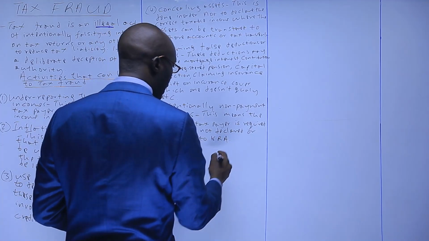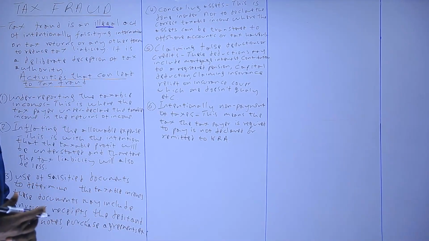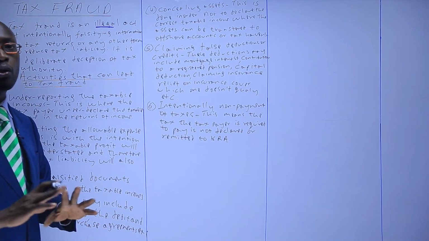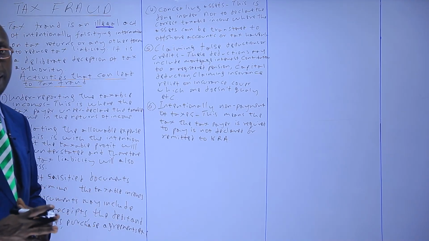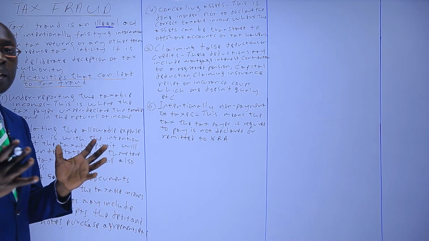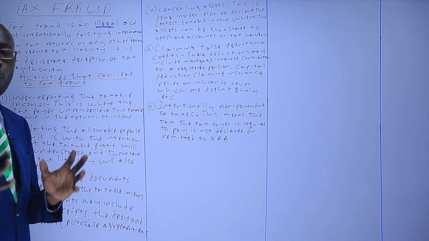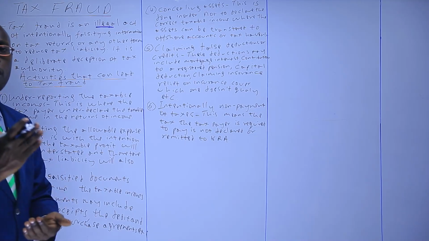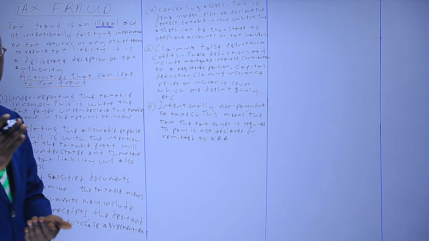So here we are saying that it can be a legitimate tax that you're supposed to pay, but you decide that you are not going to remit anything to the KRA. That's wrong because taxes are compulsory and you must be able to pay them. If you don't pay them, you are breaking the law.